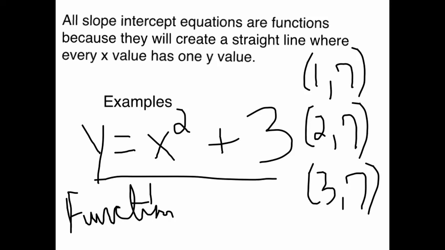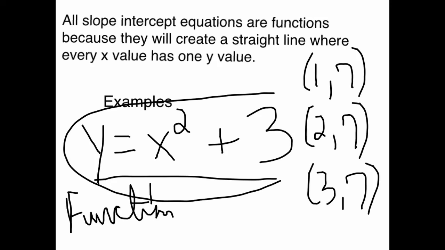Same thing here. It's actually okay for there to be an exponent because if I were to plug in 1 or negative 1 for x, it'll give me the same y outcome because a positive and a negative squared will give me a positive outcome. So whenever you see x squared, it is a function.